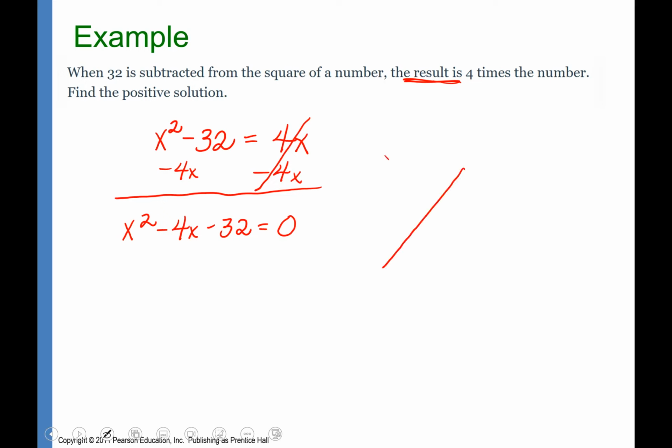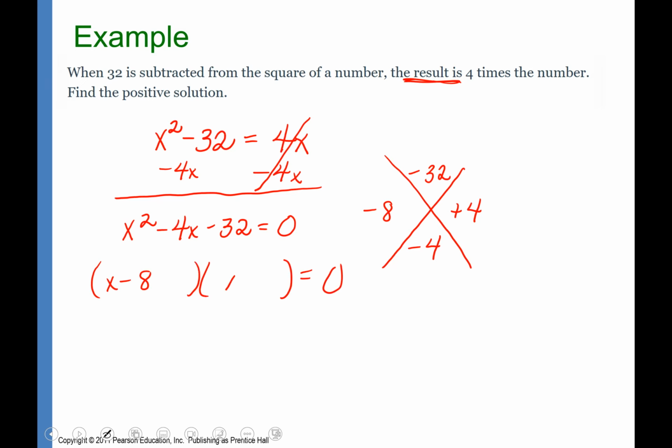Now we can factor. Multiplies to be negative 32, adds to be negative 4: negative 8, positive 4. A is 1, so my factors are x minus 8, x plus 4. We'll put each of those factors equal to 0.